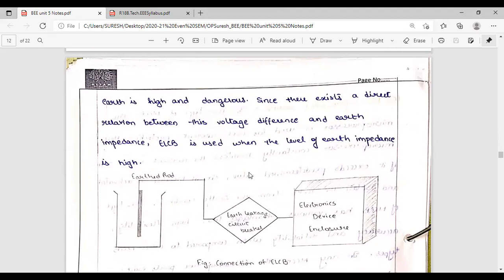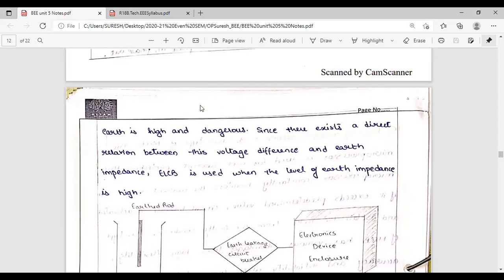Let us take this as V1 and this as V2. When there is a potential difference between V1 and V2, I is equal to (V1 minus V2) by impedance. Leakage current is equal to (V1 minus V2) by impedance. So that leakage current is flowing. When leakage current is flowing, this ELCB should operate.